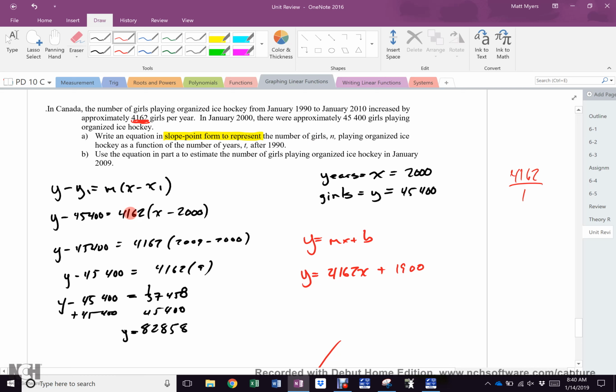You also had the slope there. So all you had to do was fill it in. There is the equation, which gets you 2 marks. And then you had to say, I want that equation to find the girls playing ice hockey in 2009. That is a time, right? Times are X's.